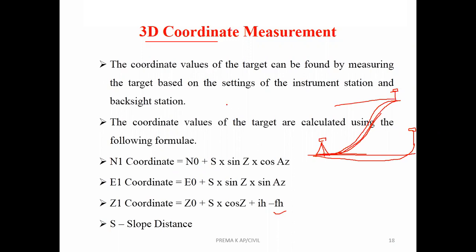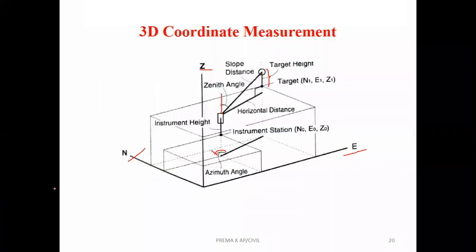So 3D coordinate measurement is a very much important topic in total station. So for targets, this is the formula used by total station in calculating the coordinates for the target. So N1, E1 and Z1 are the target coordinates, and then I explain using this drawing.